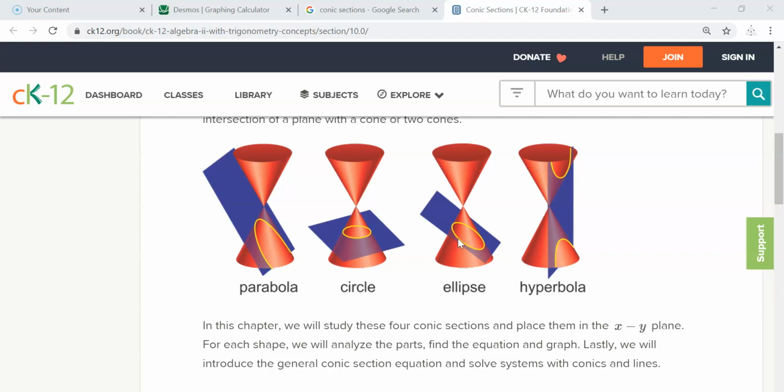Or if you move this ellipse up where it goes through, sometimes if you hit it exactly right, or the parabola you hit exactly right, you can hit this line, this outside edge there, and the outside edge there. So sometimes you can get a line, sometimes you get intersecting lines, sometimes you can get a point, but all those are what happens when it goes through this individual point right here. So we're not going to deal with those types of conic sections too much. These are the four main ones that we're going to deal with.